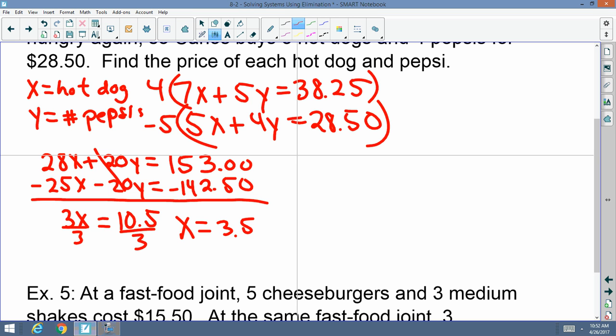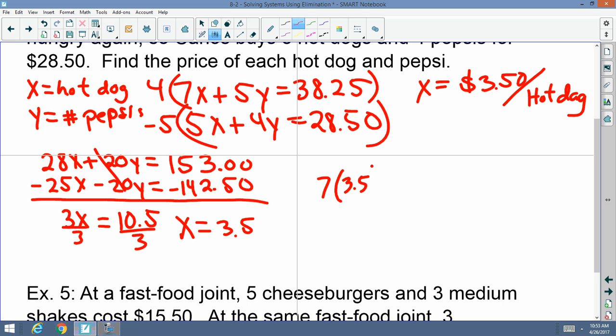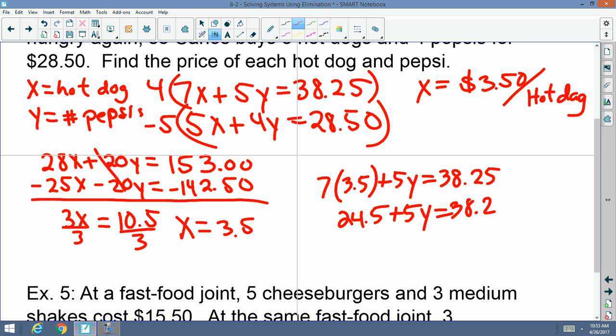So that means that the hot dogs cost $3.50 per hot dog. That's the cost. Now, how do I find my y? Plug it in. So 7 times 3.5 plus 5y equals 38.25. 3.5 times 7, that should be 24.5 plus 5y equals 38.25.